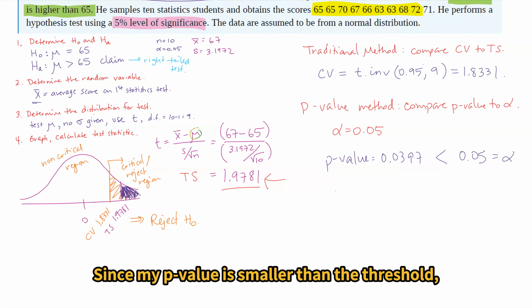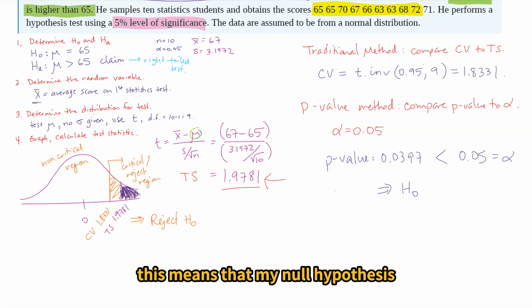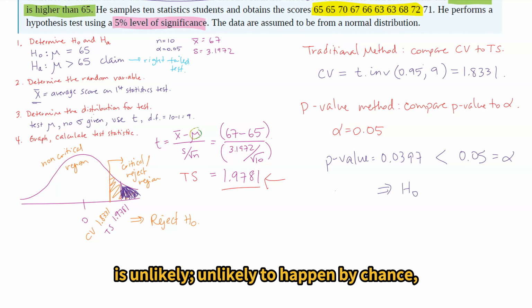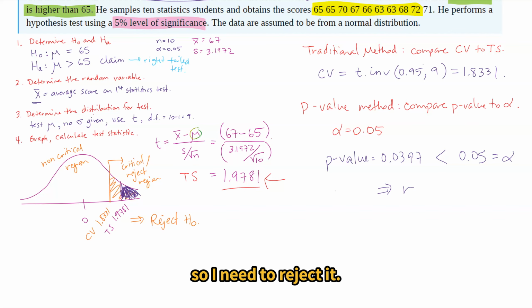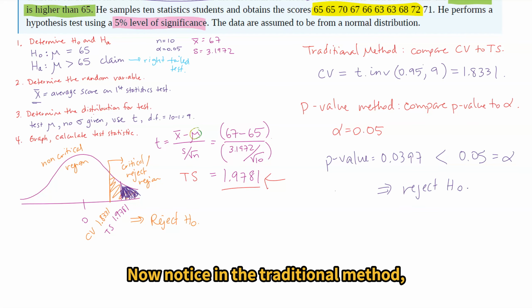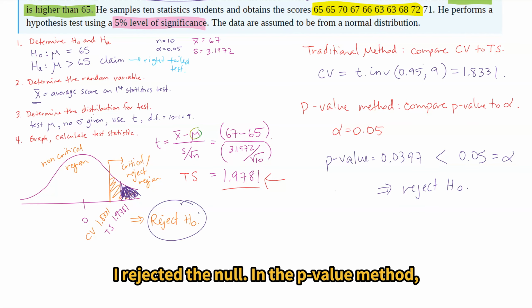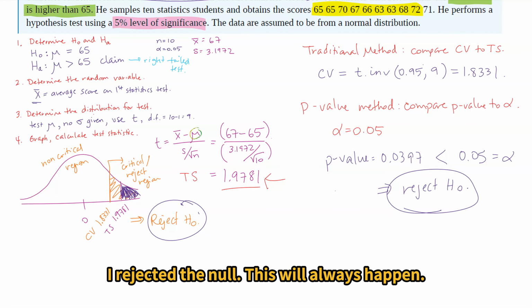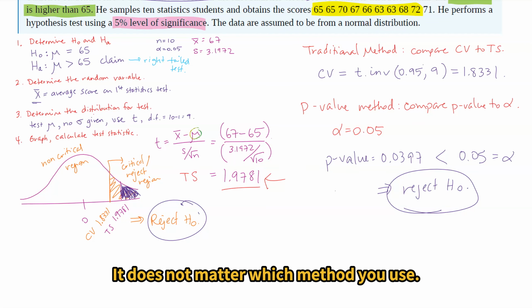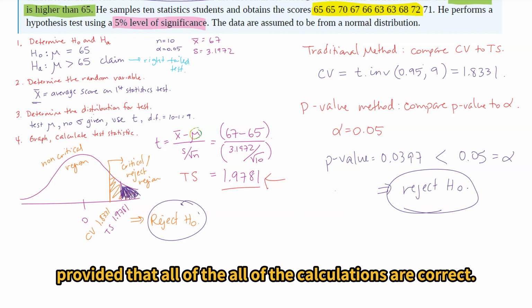Since my p-value is smaller than the threshold, this means that my null hypothesis is unlikely to happen by chance, so I need to reject it. Now, notice, in the traditional method, I rejected the null. In the p-value method, I rejected the null. This will always happen. It does not matter which method you use. You will end up with the same conclusion, provided that all of the calculations are correct.